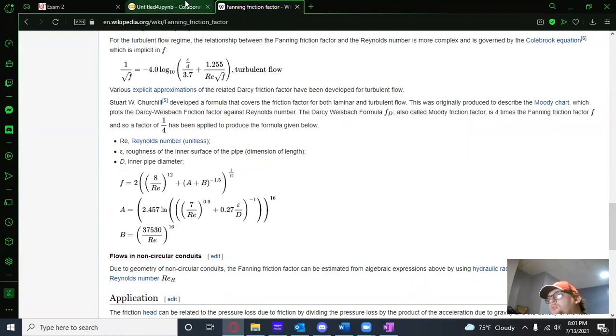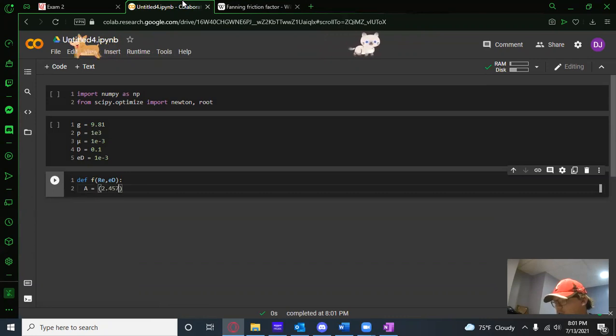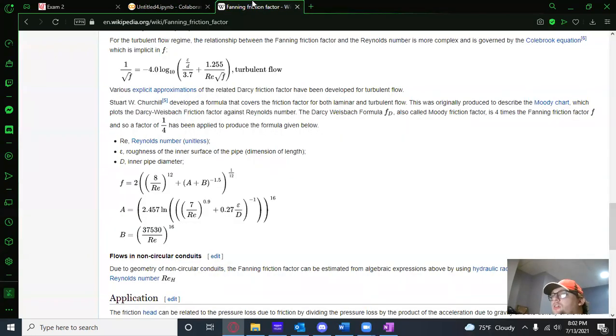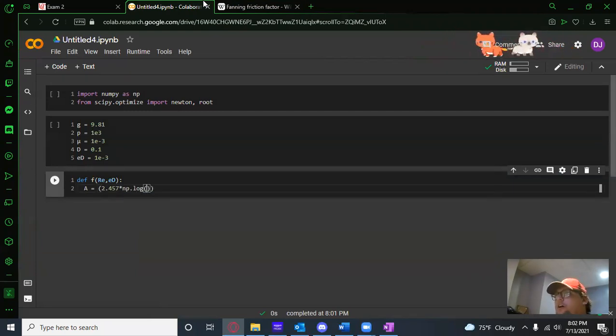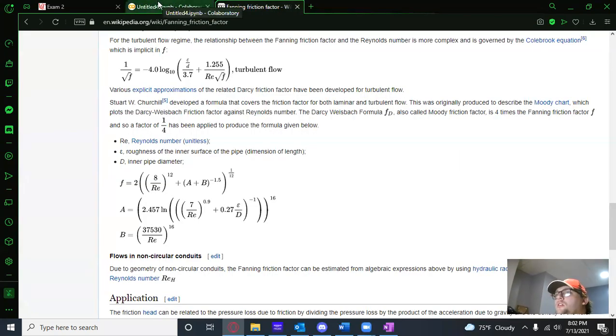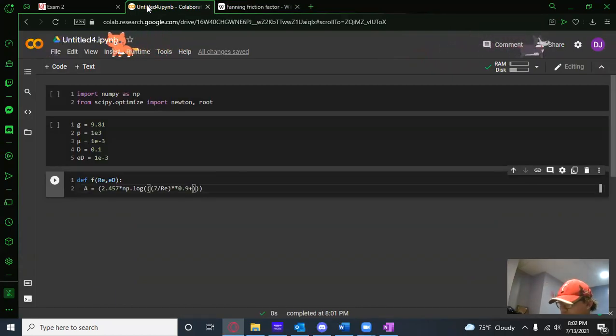So for our A, it's going to be 2.457 times the natural log of 7 divided by the Reynolds number raised to the 0.9, plus 0.27 multiplied by the roughness of the pipe.